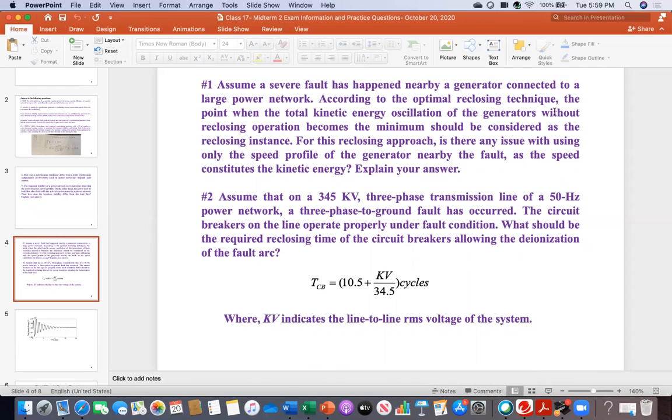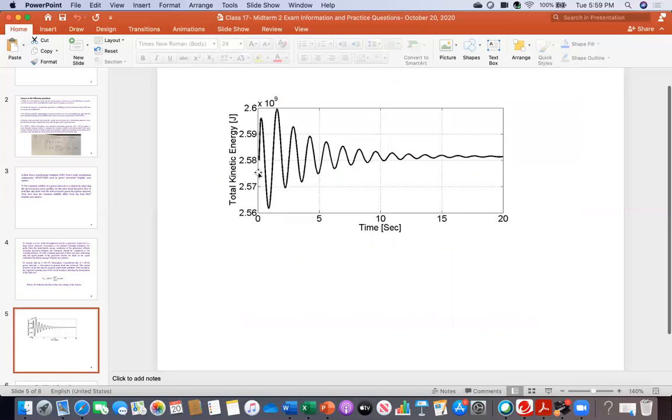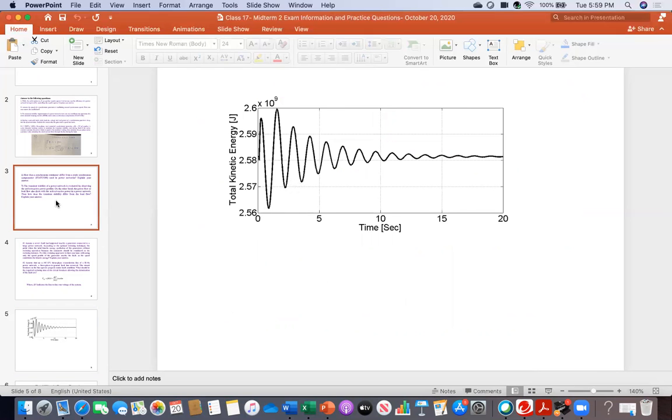According to that principle, we learned that the point when the total kinetic energy oscillation of the generators without reclosing operation becomes the minimum should be considered as the reclosing instant. So for example, either this point or this point or this point. It is that minimum point that we learned.